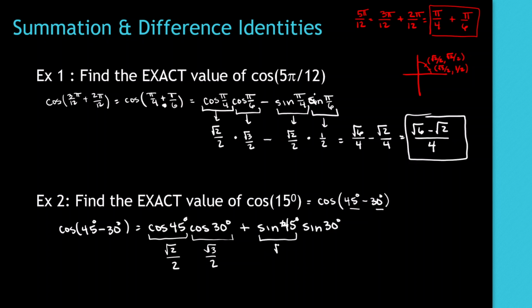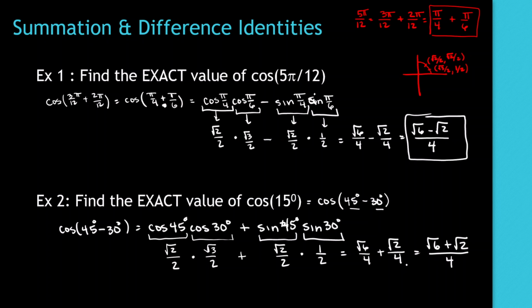Sine of 45 is back to square root of 2 over 2. And sine of 30 is a half. Doing that multiplication, I get square root of 6 over 4 plus the square root of 2 over 4. So I get a very similar answer to the last problem, except it's an addition.